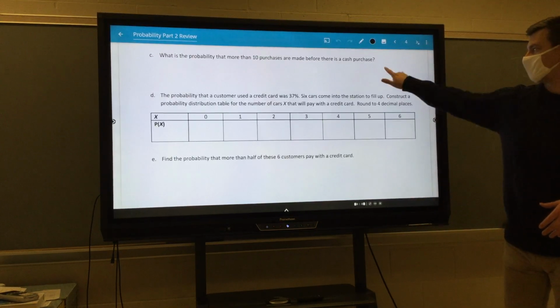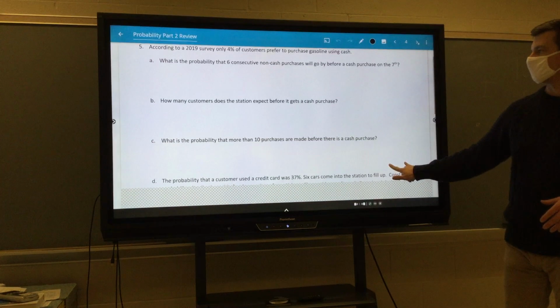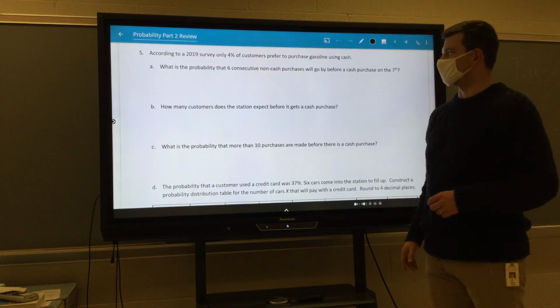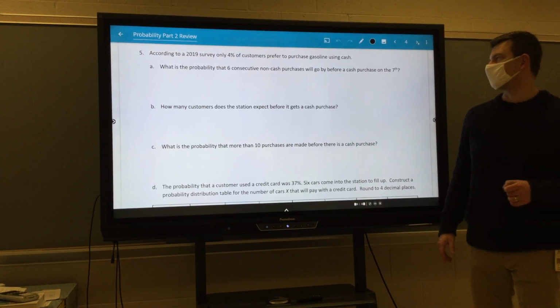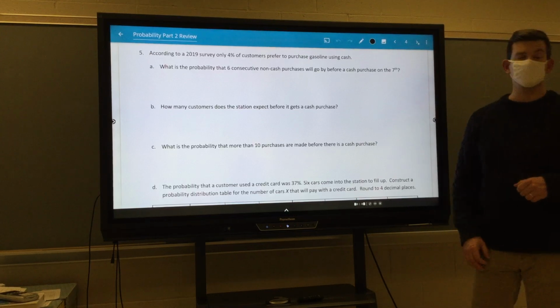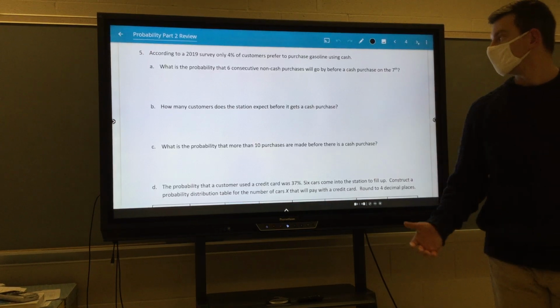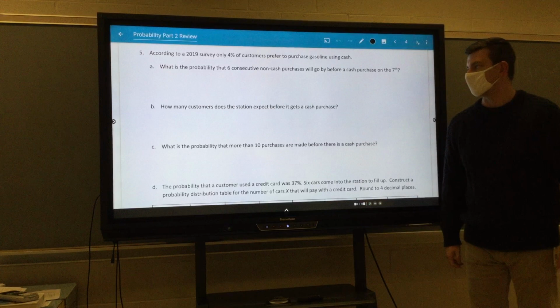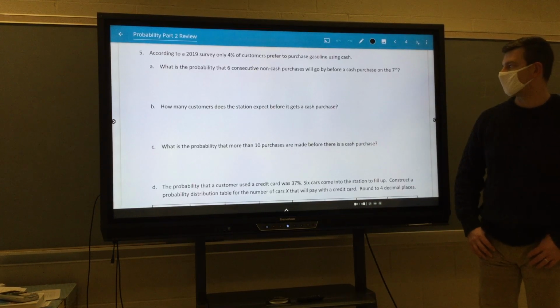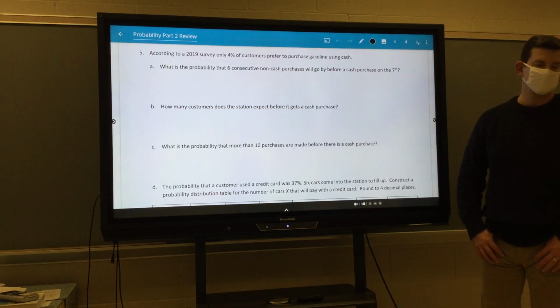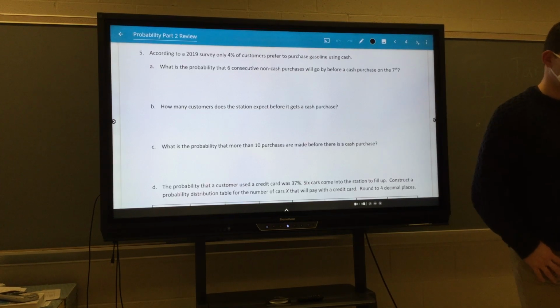And then the last one, we have an example. According to a 2019 survey, only 4% of customers prefer to purchase gasoline using cash. What is the probability that 6 consecutive non-cash purchases will go by before a cash purchase on the 7th? Sounds geometric to me.